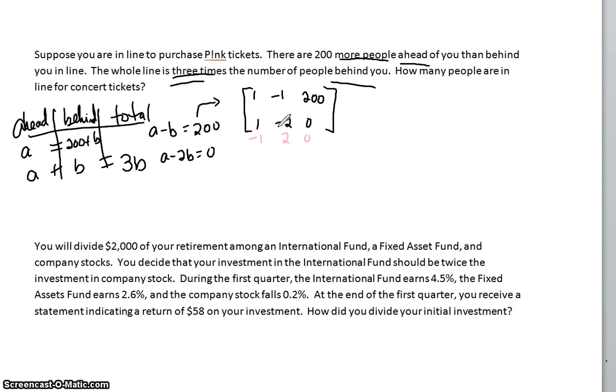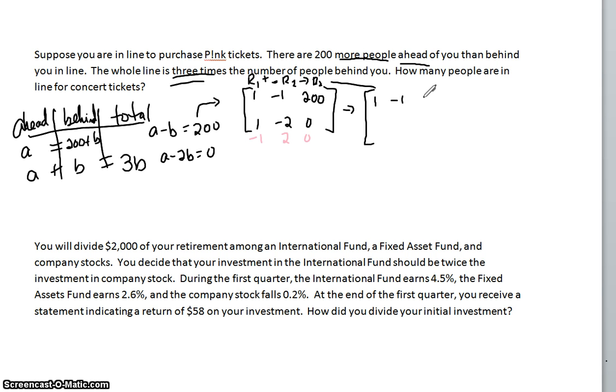Okay, so what I'm doing here is we're going to write it out here. I'm going to take row 1 and add it to negative row 2, and I'm going to substitute row 2 for that. Okay, so here we're going to do that.